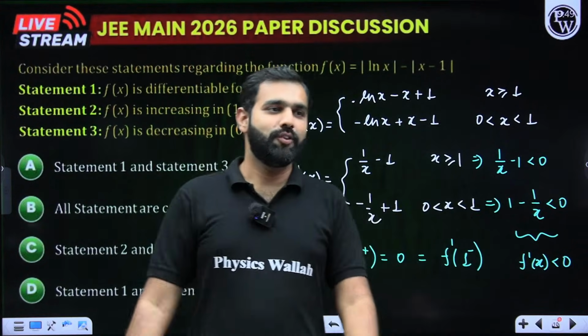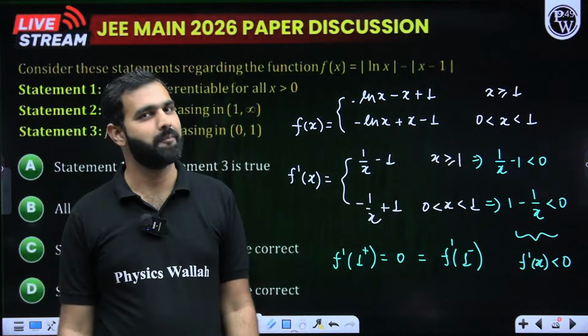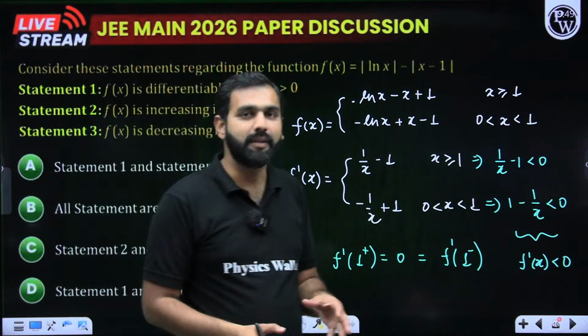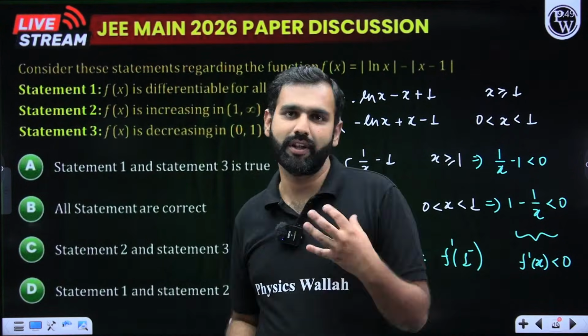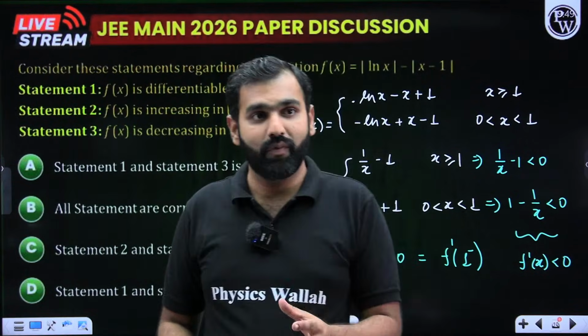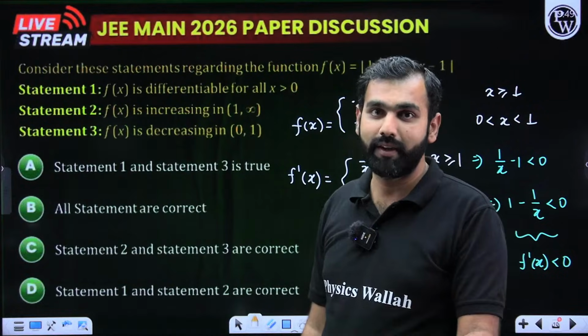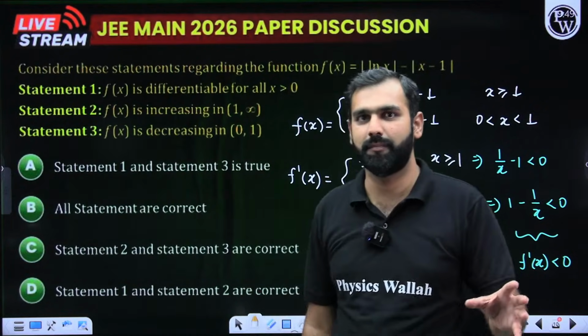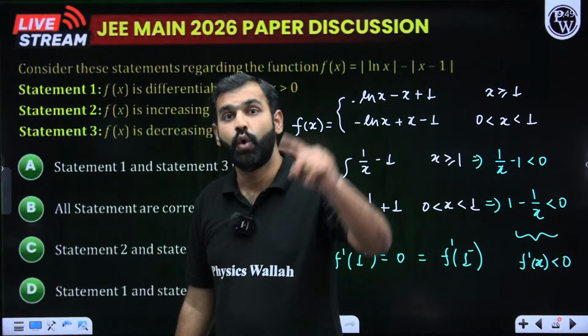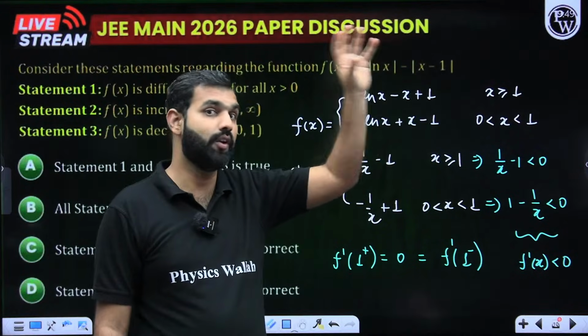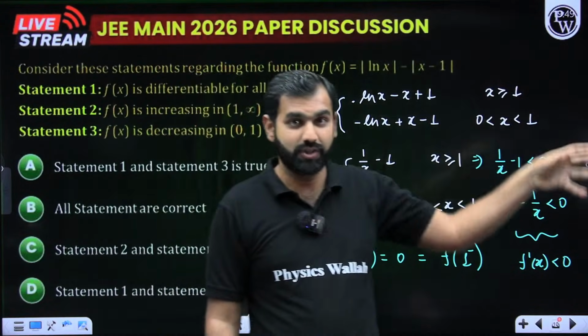So here, let's move towards the next question. What do we see here? So far, I have been missing questions specifically based on continuity and differentiability. But now they are giving such silly and simple questions. You won't believe this shift was amazingly simple. I'll compare this shift with the first shift of JEE, the day JEE started this year.